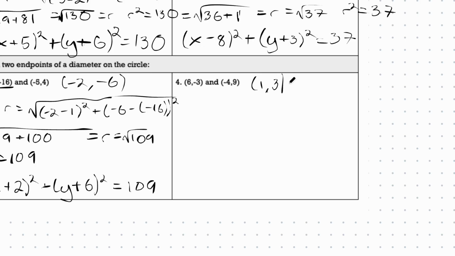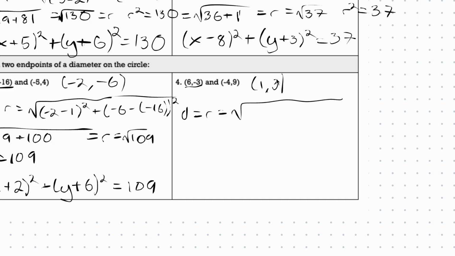Okay. And now we're going to use the distance formula to find what the radius is. The way we're going to do that is d equals r equals this entire thing, where I'm going to use this point in this case.